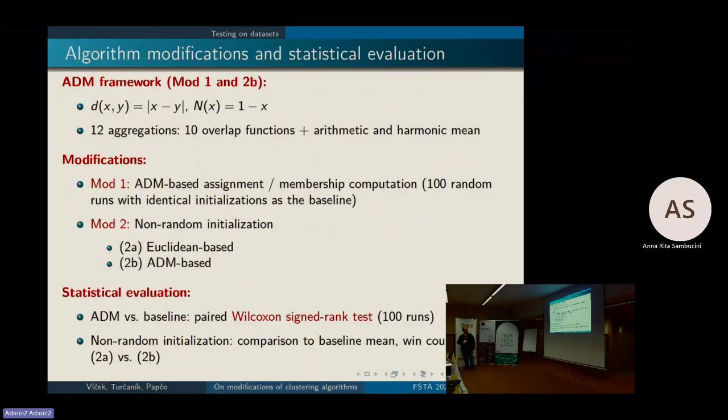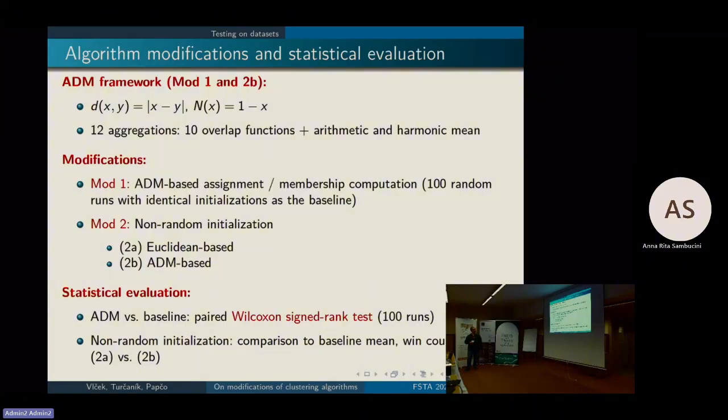And for modifications, we use this dissimilarity function, this order reversing map, and 12 different aggregation functions: 10 overlap functions, and the arithmetic and harmonic mean. Also, we ran 100 random runs with identical initializations as baseline, and we compared them by the Wilcoxon signed rank test.